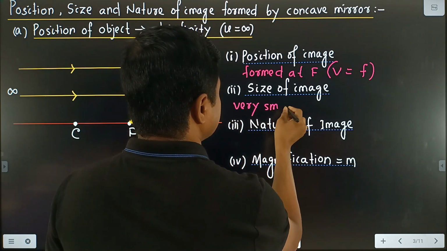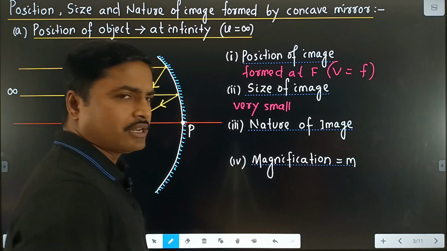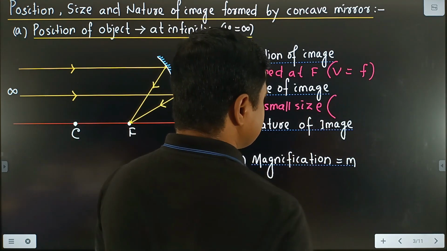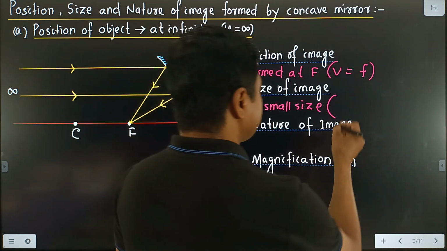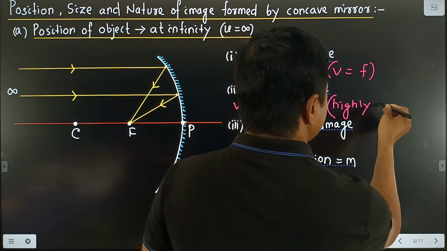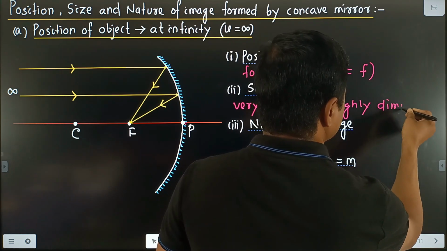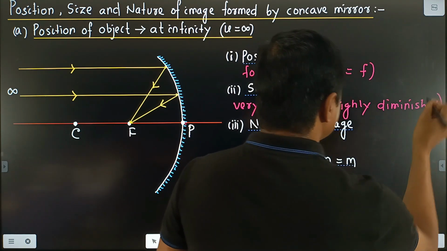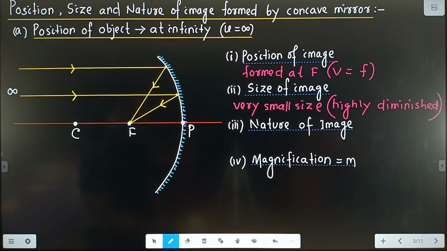Very small size image. Clear? Very small size means we write that it is highly diminished.